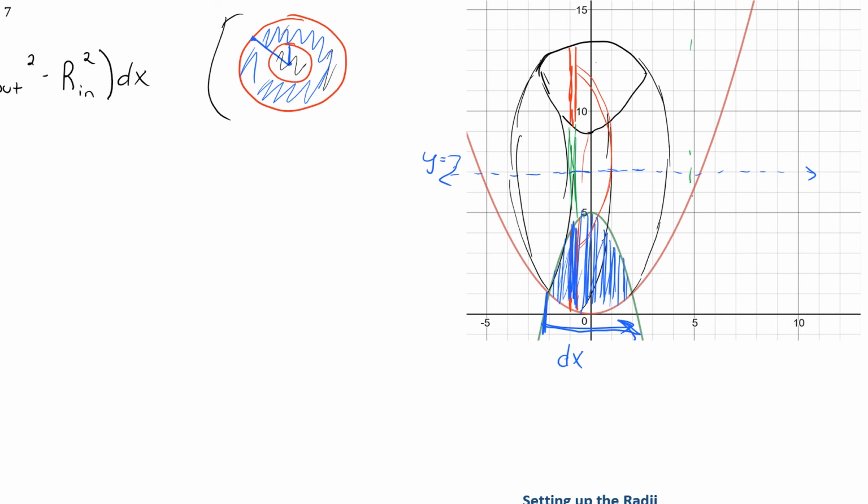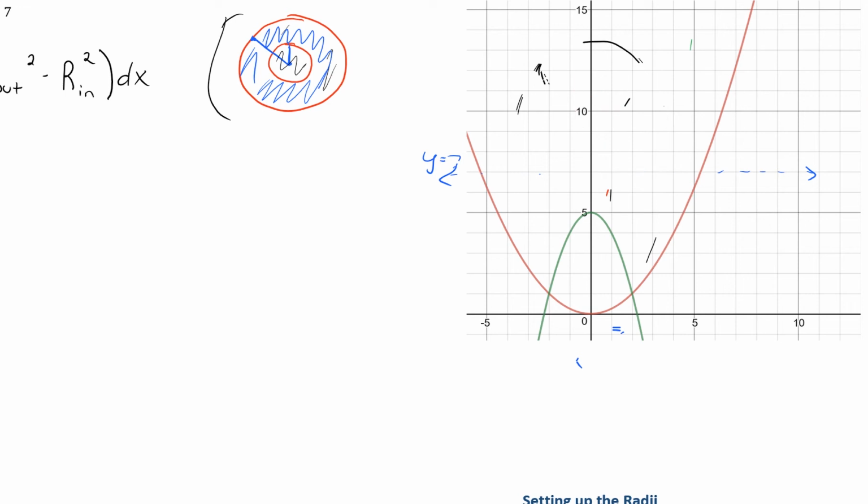Okay, I'm going to clear up our graph here so that we can see again. So our axis of rotation is right here at y equals 7.